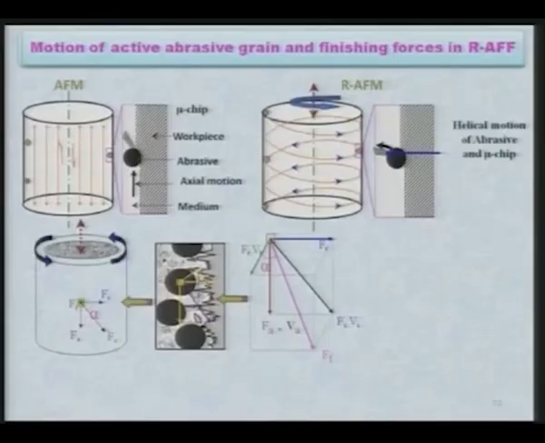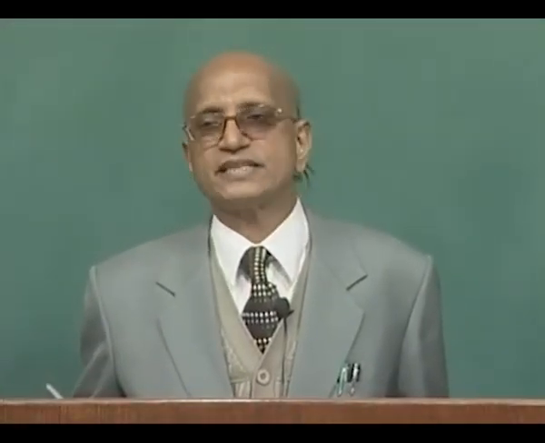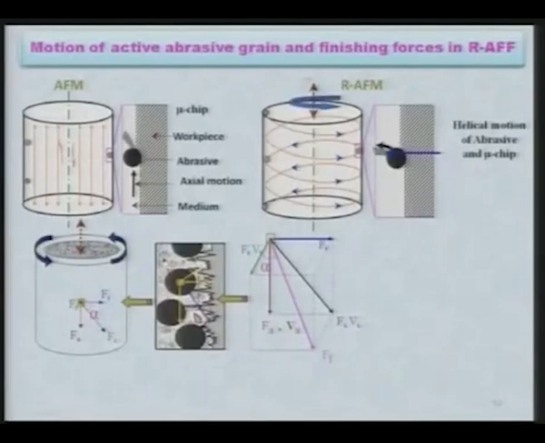Now, there is a certain length which is covered by an abrasive particle when it is moving in the axial direction in the normal AFF process, and when rotary motion is given to the workpiece, then in place of moving in the axial direction like this, the abrasive particle is moving in a spiral motion as shown over here. You can see that it is following the spiral motion.